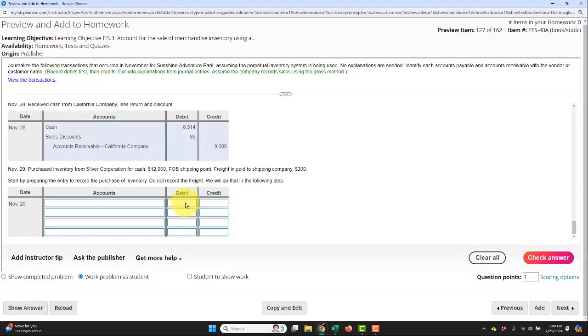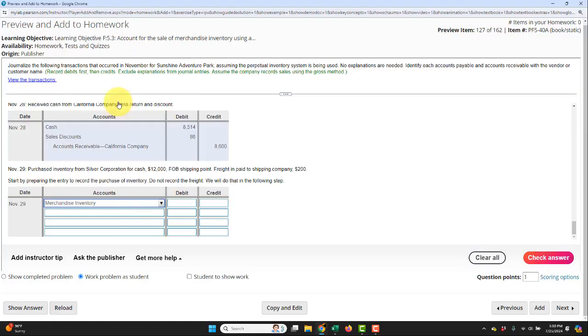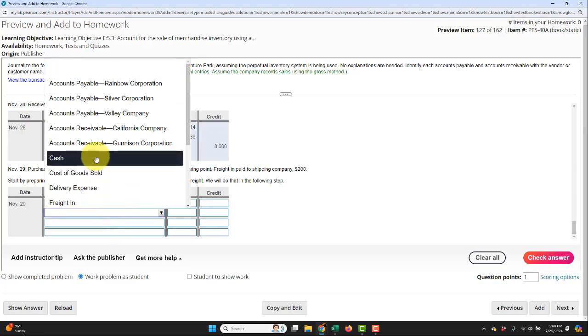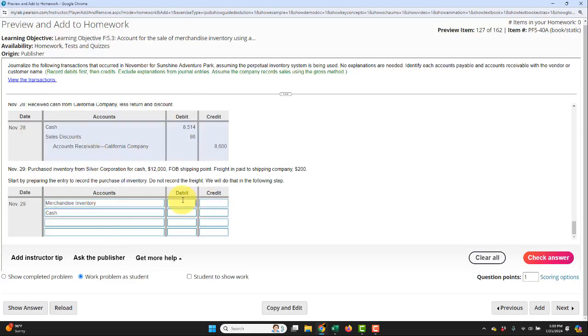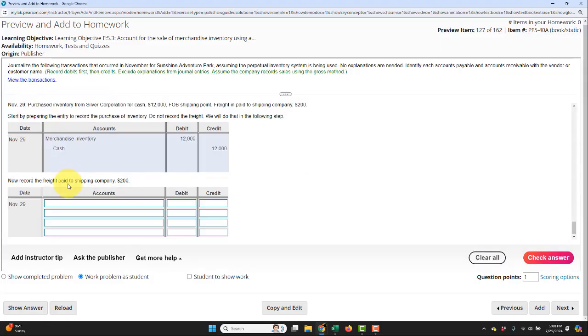Okay, and it looks like this is just a pretty simple purchase transaction. We're buying inventory for cash. So we're going to have inventory come in. We're going to have cash go out. And then we also paid some shipping.